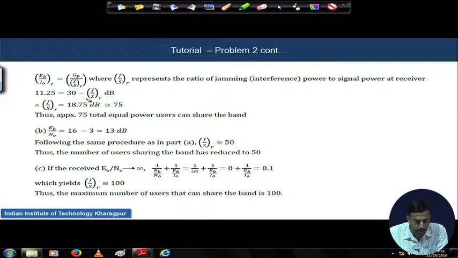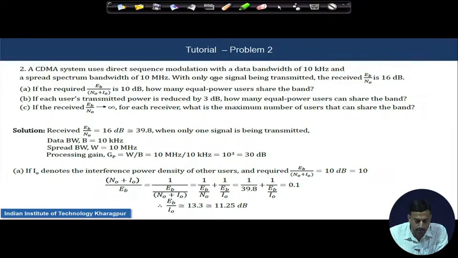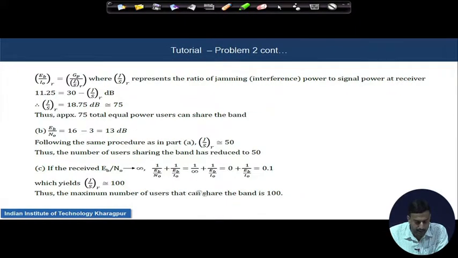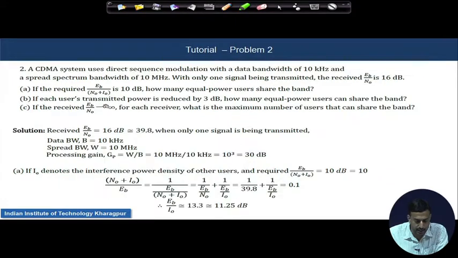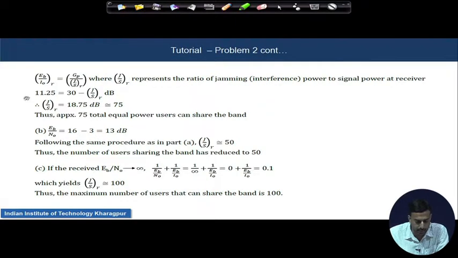It's easier to evaluate it in terms of dB, so we write this Eb by N naught which we had obtained in the previous slide. That was 11.25 dB, and the processing gain is already found out to be 30 dB, so that is mentioned here.